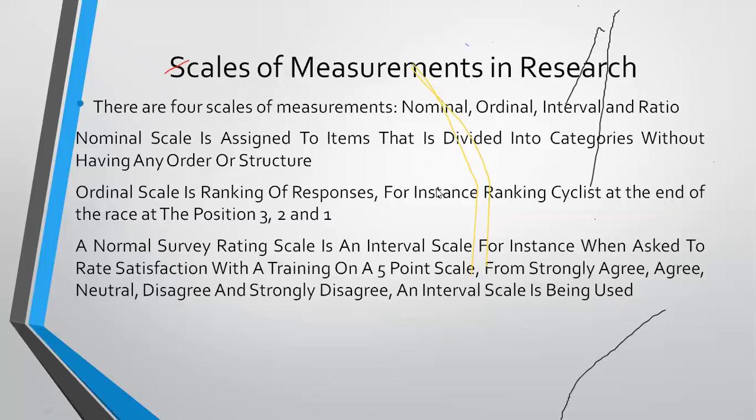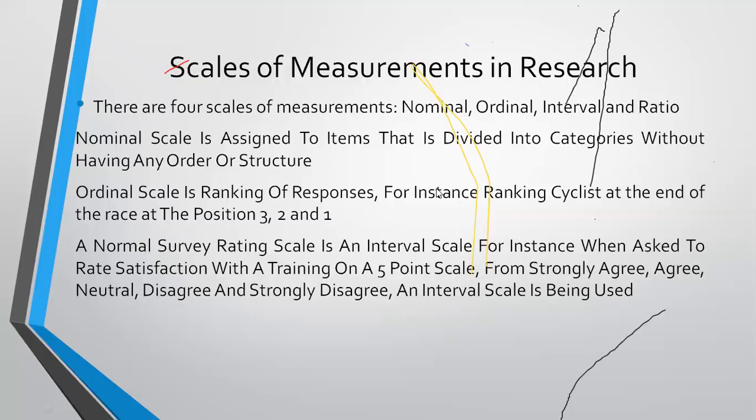The nominal scale, in nominal scale, what happens? You assign numbers to objects, whereby different numbers indicate different objects. But the numbers do not have real meaning, other than differentiating them. An example is this. You want to carry out a research. Under gender as your variable, you assign 1 to male and 2 to female.